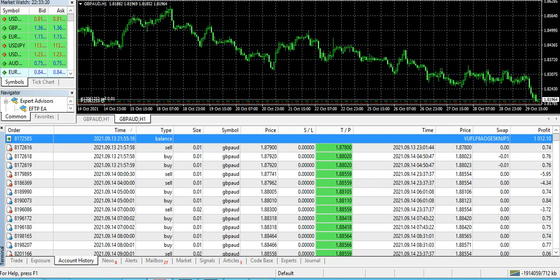From 13th of September we started with 1012. I personally prefer or suggest trading with at least 1000 US dollars in case you're trading with any EA. If you're trading manually, it's up to you whether you want to trade with 300, 400, 500 or whatever. In case you can't afford that kind of amount, then it's better to trade with a cent account or in a demo account.